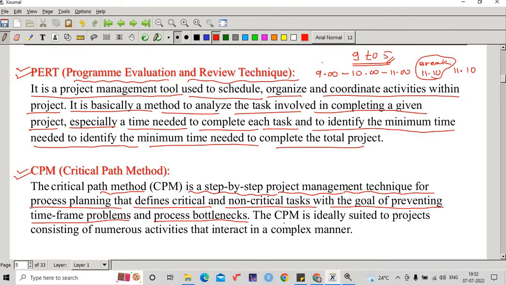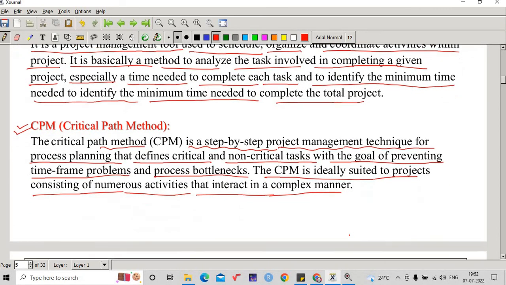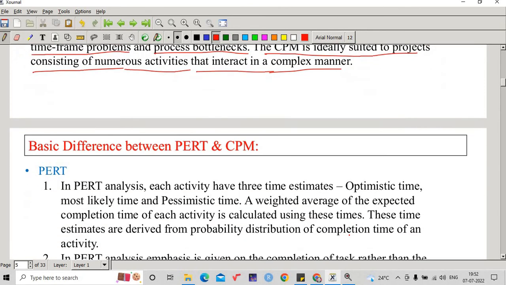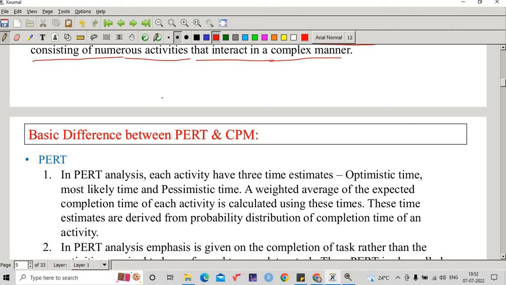The CPM, critical path method, is ideally suited to projects consisting of numerous activities that interact in a complex manner. We can consider here a project where an assembly line is included. Suppose I am having different positions, say A, B, C and D, where certain products are coming at these positions simultaneously, right?